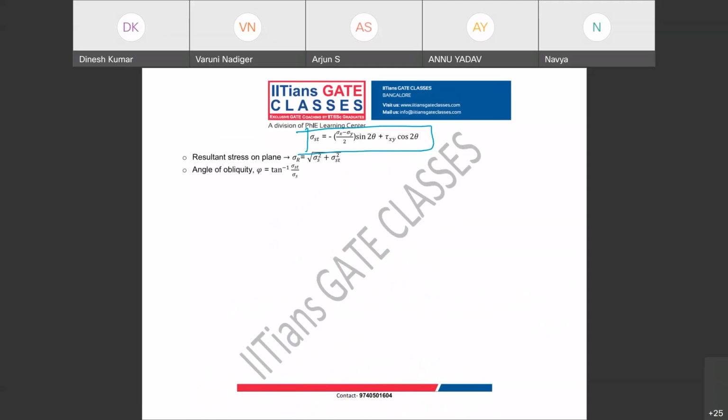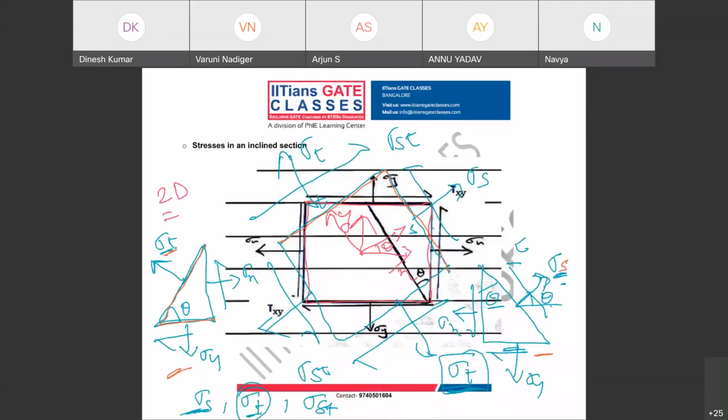Now guys, one thing I want to tell you here. This is your tau, or it is also known as sigma st. Here also there is a shear stress, sigma st. Now you tell me, will this and this be the same or not? Quickly guys. I am asking, this shear stress and this shear stress in these two different triangular elements, will they be the same or different?